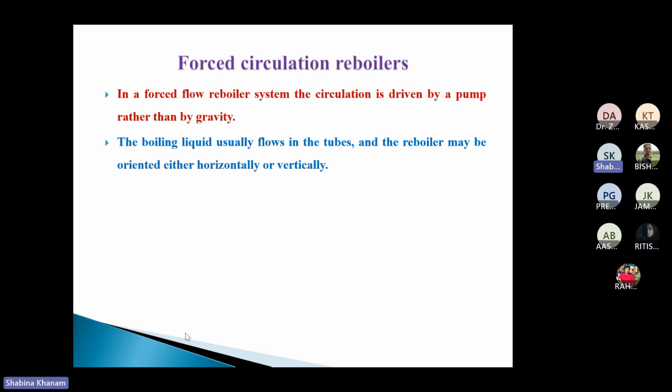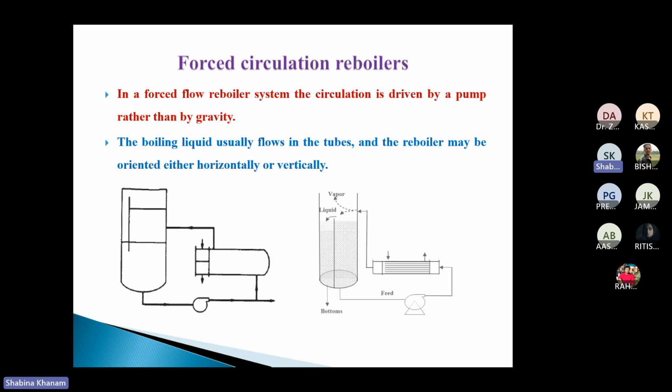Okay, boiling liquid usually flows in tubes, and the reboiler may be oriented either horizontally or vertically. So in this way, the boiling will usually be in the tube side, but we can have the orientation in different ways. Okay, because the pump is there, so there is no problem for circulation.